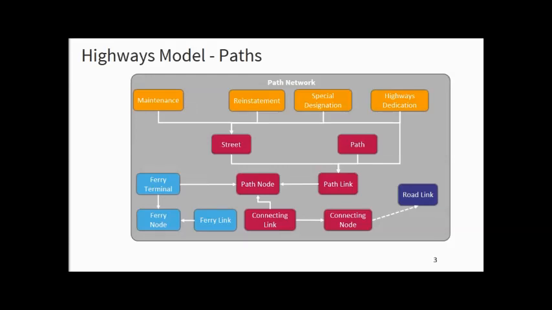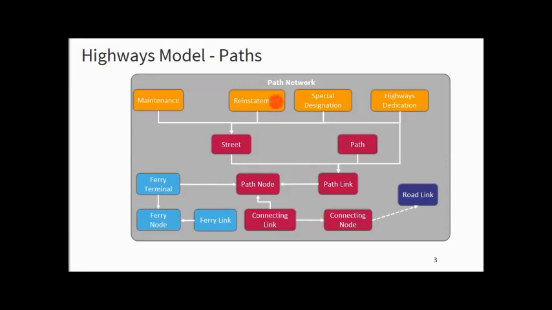Also, I would mention the path network is a topologically structured link and node network, which is made up of the following feature types you can see on the screen: path link, path node, and then also you have the road features elements. You have the road link. It relates back to the road network through the road link. You also have the ferry network represented here: ferry terminal, ferry node, and the ferry link. Also, two essential features here are connecting link and connecting node.